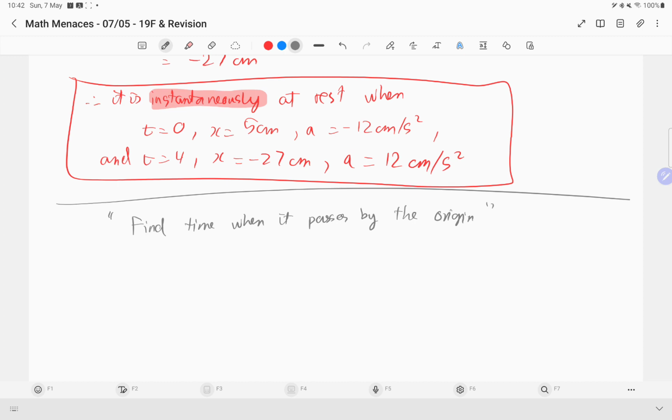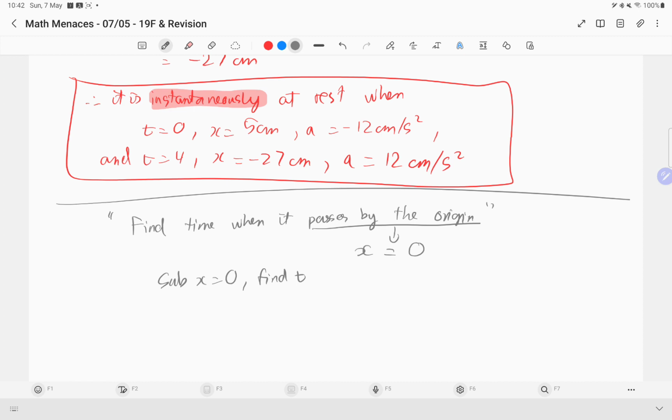I don't know, because O isn't a number though. O isn't a number, but the position is always relative to the origin. So when it passes by the origin, what's the position? How do you interpret passing by the origin? This means the position is 0. So essentially this one is like saying sub x equals 0 and then find t.